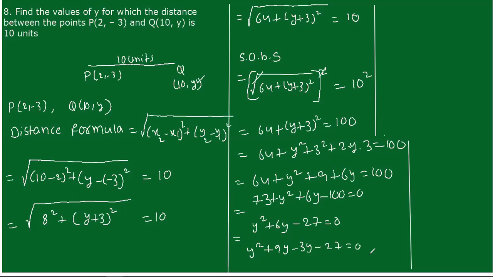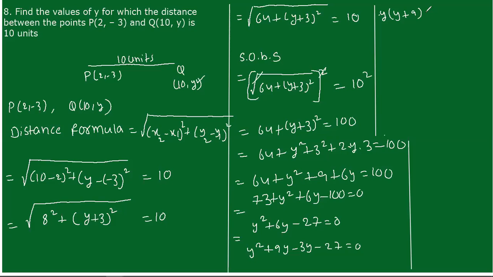Now let's find the factors. From these two, y square and 9y, y is common, so I'm taking y as common: y plus 9. And from these two, 3 and 27, we can take 3 out as common, and the remaining value would be 9.